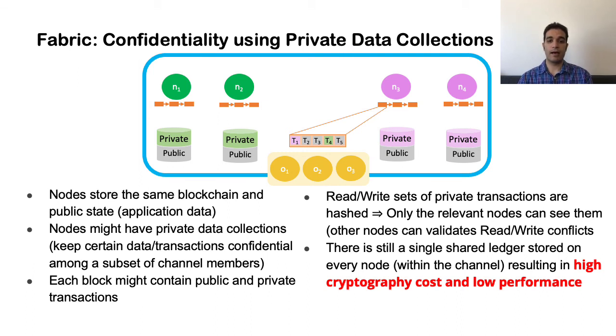So there is still a single shared ledger between all nodes, but the ledger might include transactions that are hashed. The problem here is the cryptographic cost and basically the low performance, because all nodes need to maintain the same ledger, and the ledger might include many private transactions that are irrelevant to the node. So this green node maintains a transaction, like this T1, that is irrelevant to the node.